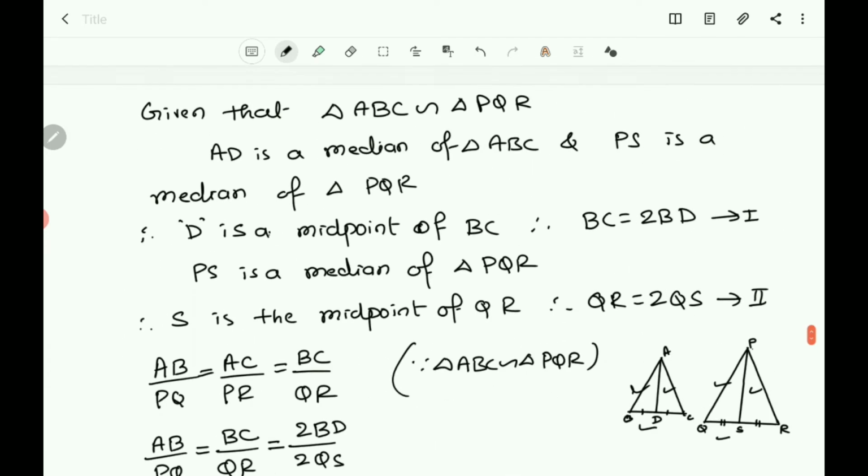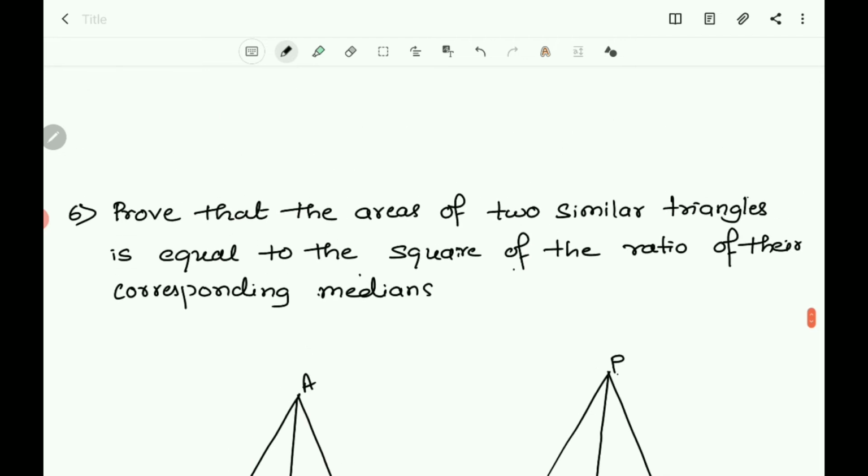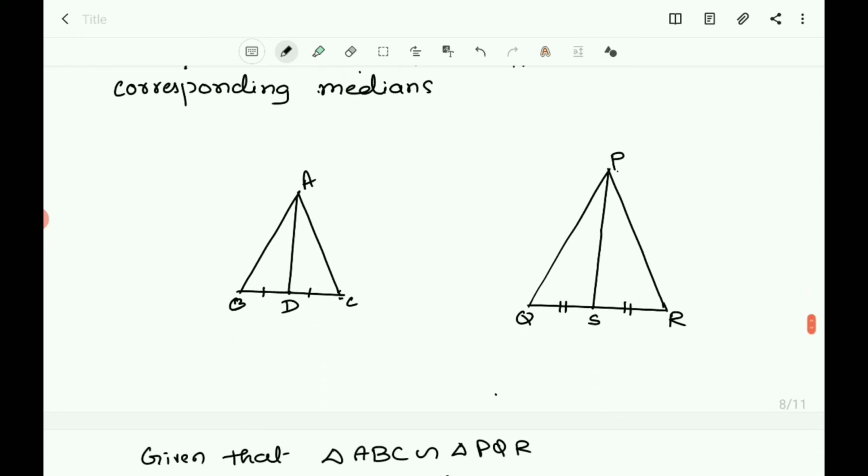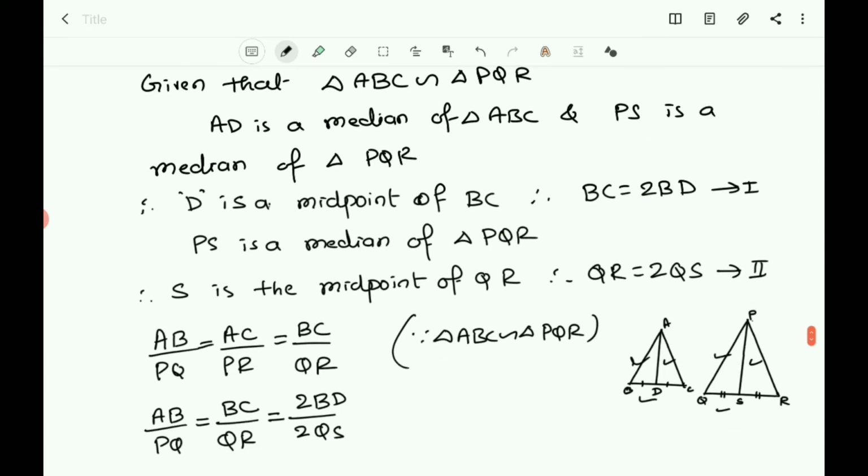Now you take the area. Here, prove that the ratio of the areas of two similar triangles is equal to the square of the ratio of their corresponding sides. Now you take the area of triangle ABC by area of triangle PQR.